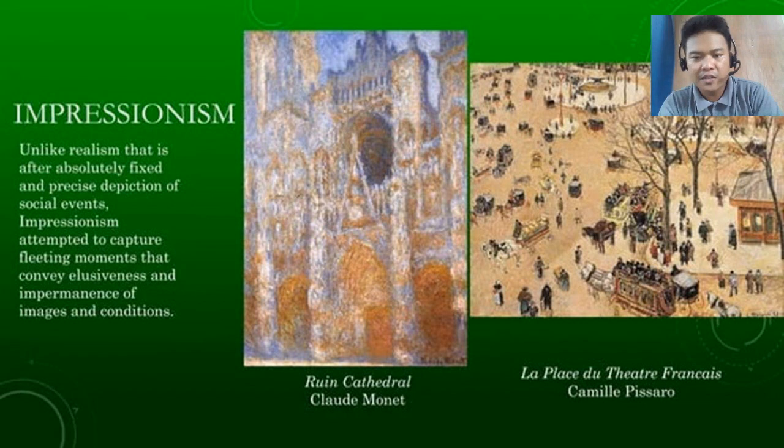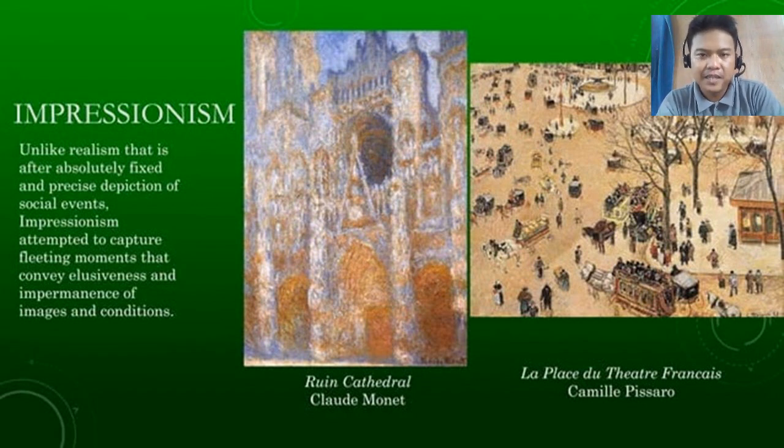That is Impressionism, just like this Ruined Cathedral by Claude Monet and La Place du Théâtre Français by Camille Pissarro. So they are like giving you an impression of what that time was all about.